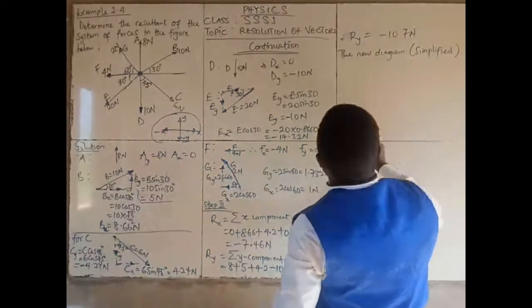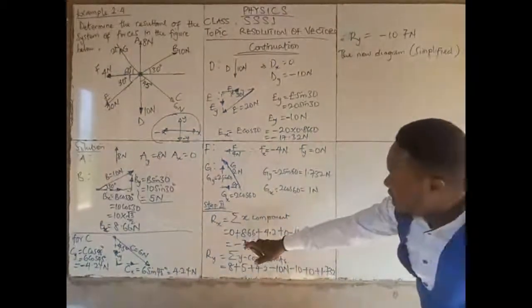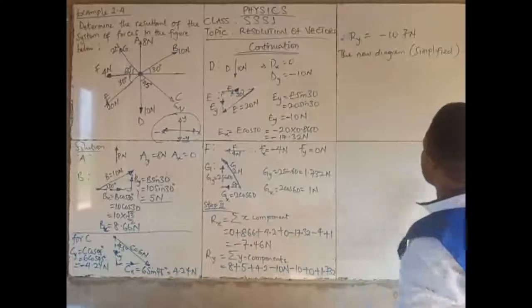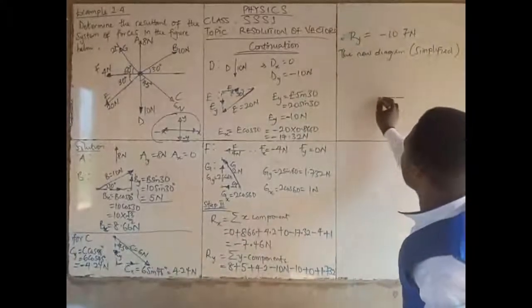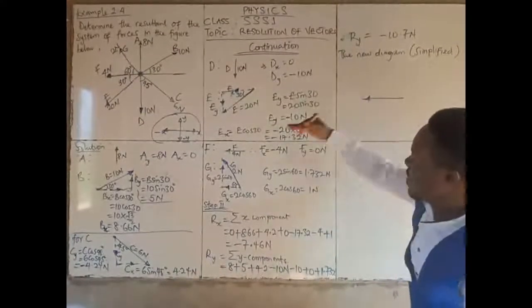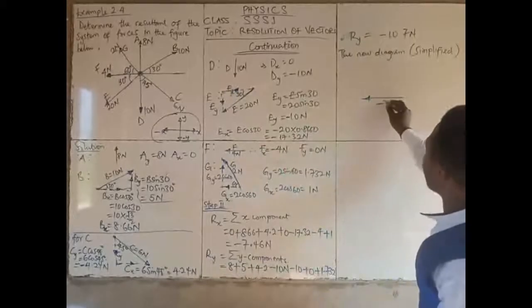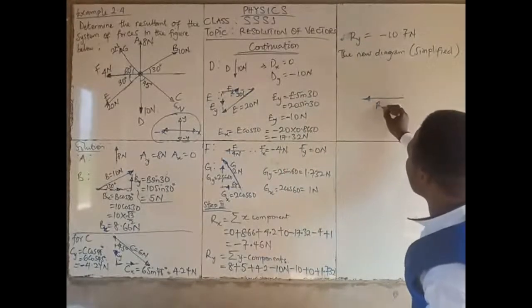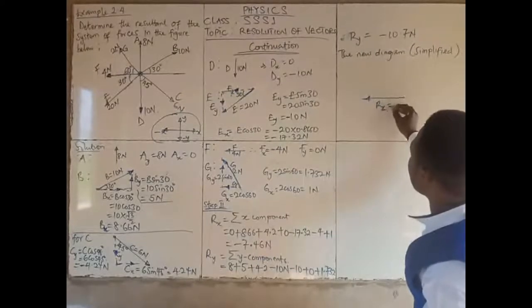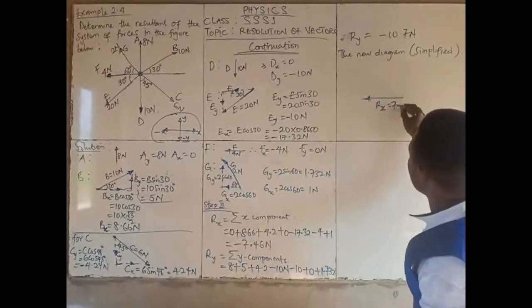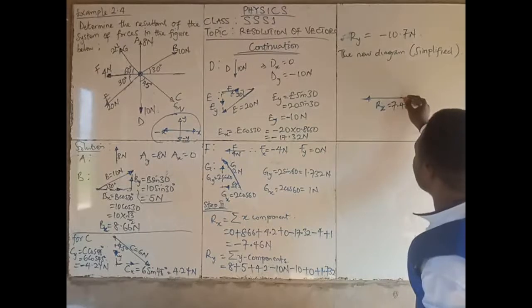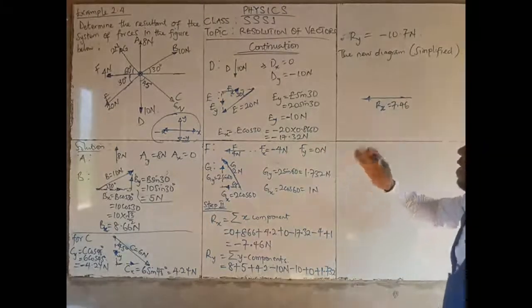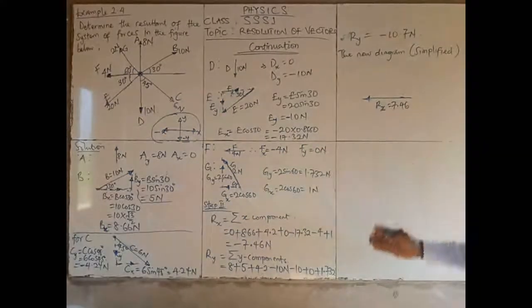One is moving in the negative x direction, negative in this direction. It's not going to be minus again, this is going to be your Rx, 7.46. I've already put it in the negative x direction, that's why I don't put minus again.